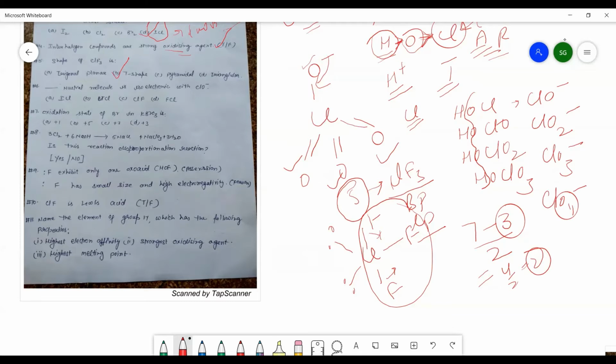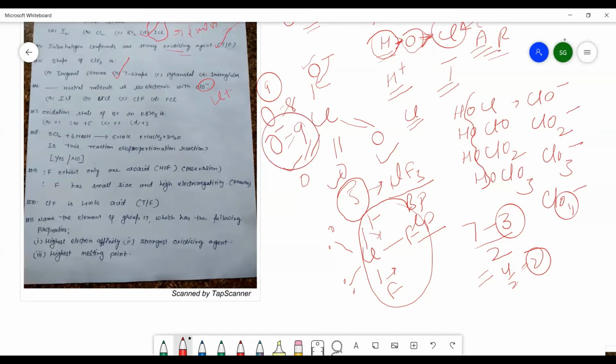Now see the question number 6. Dash neutral molecule is isoelectronic with ClO minus. This is an NCERT based question. ClO minus: Cl and O minus. O minus means the element has 9 electrons, because oxygen has 8 electrons and when the negative charge appears at the oxygen atom, it becomes 9.